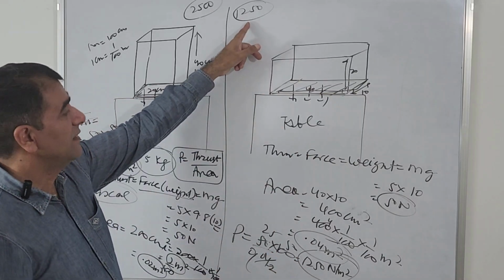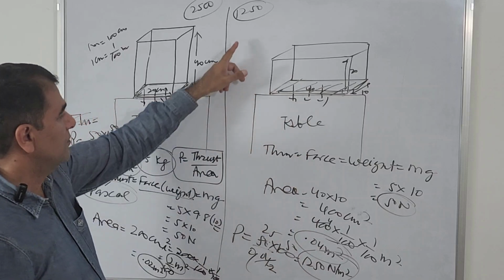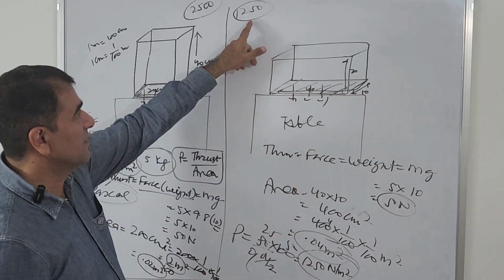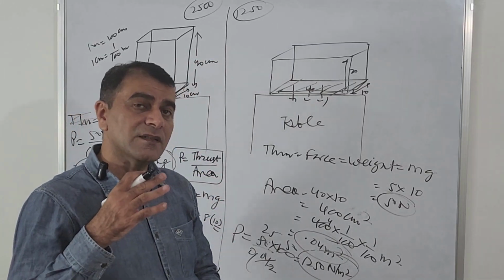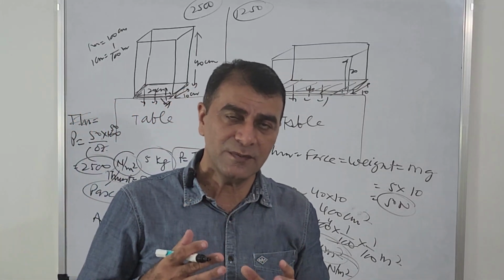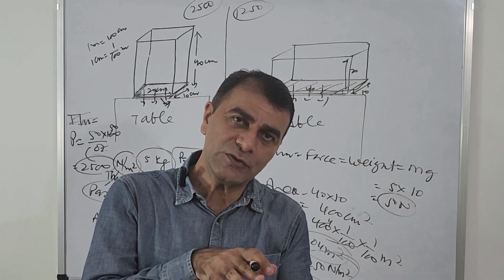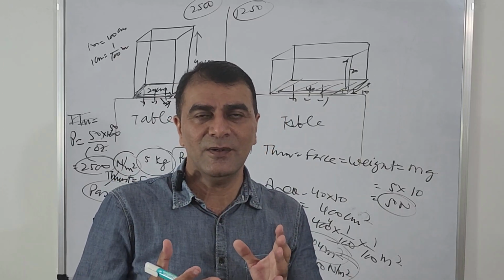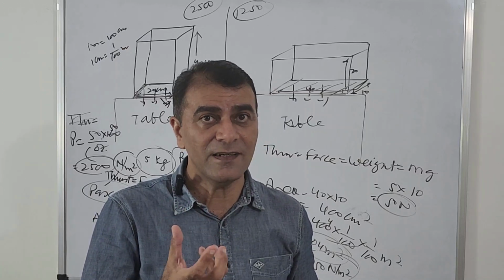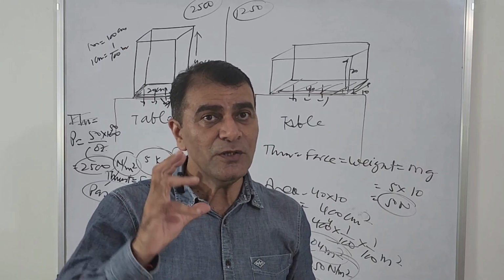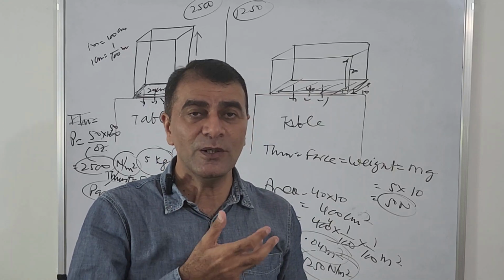So it is clear that when the area becomes large, pressure becomes less. So in the second case, pressure is less. So there is a direct connection between thrust, meaning the perpendicular force, and the area. Okay, force is the same. What is different? Area.